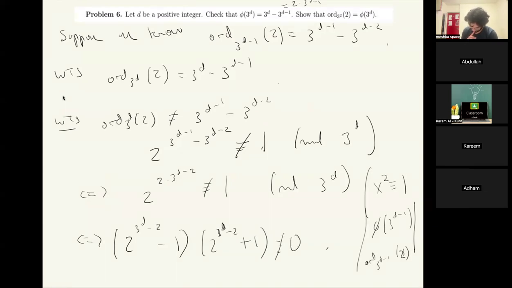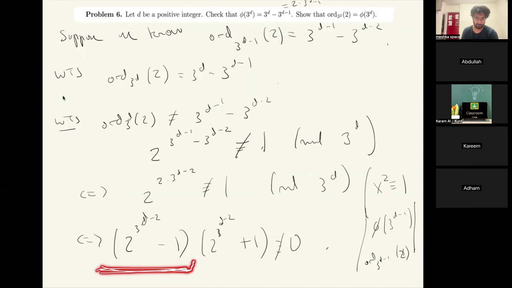And now you're saying something about this factor, right? You're using the inductive hypothesis to analyze this factor.